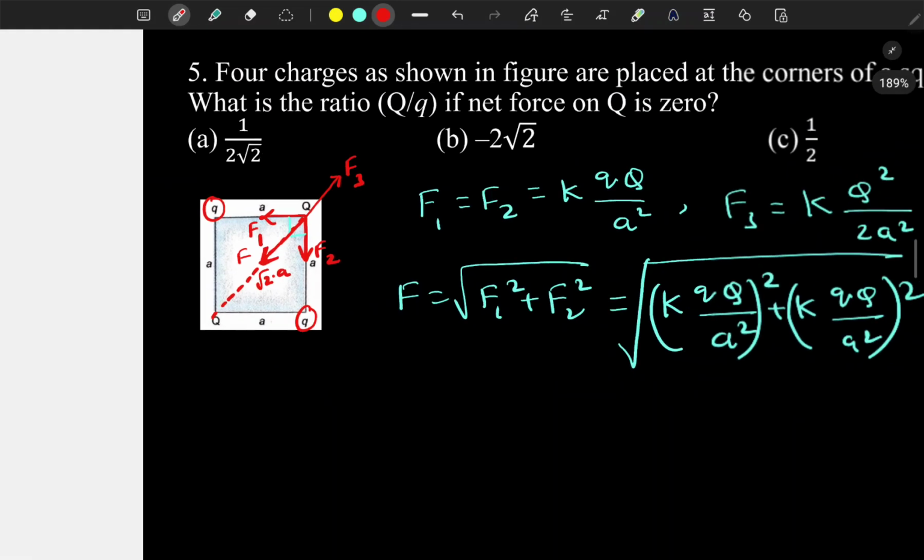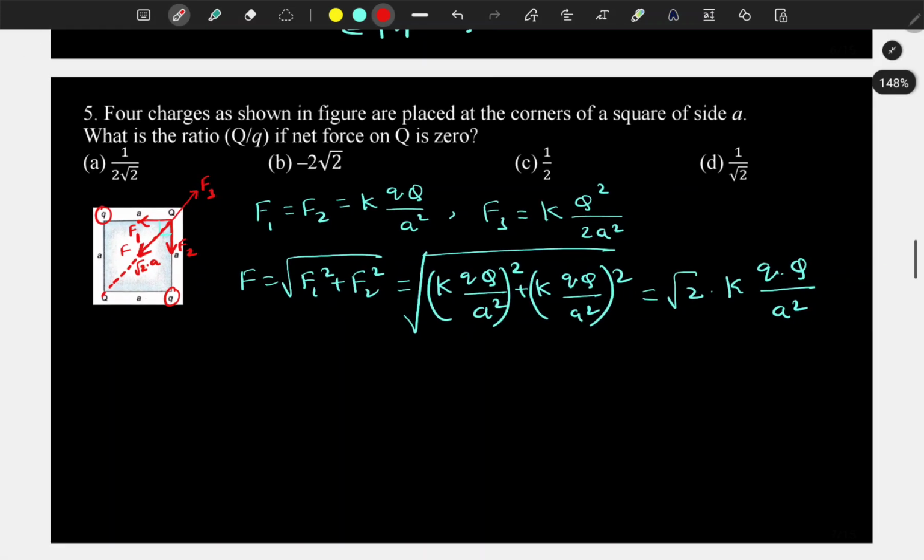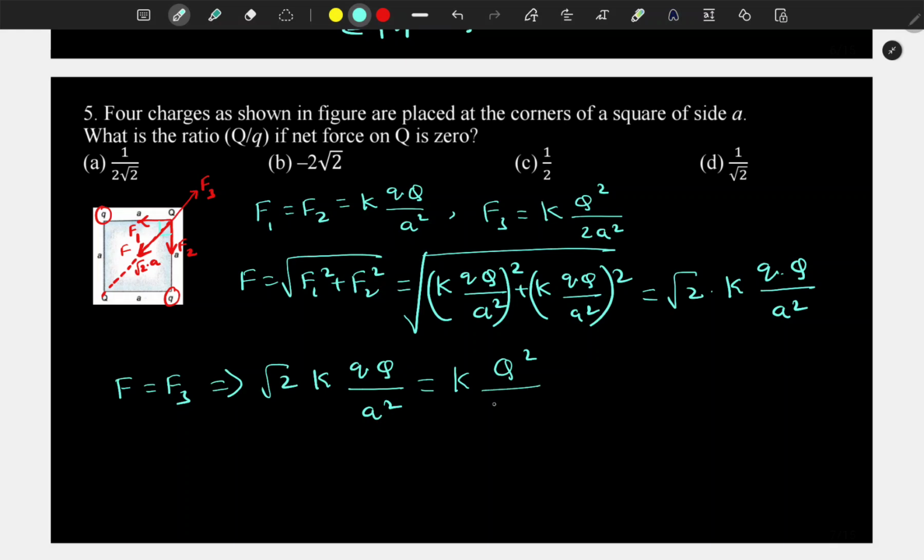So f is equal to f3. If you equate, what do you get? F is equal to f3. Since f is equal to root 2 k q capital Q divided by a square, which is equal to f3, that is k q square by 2a square.